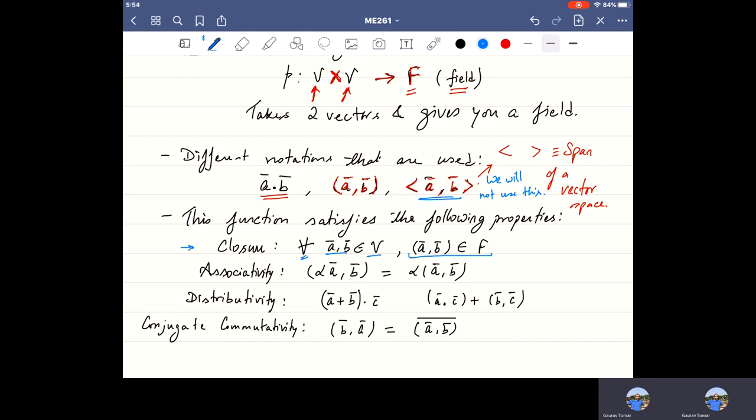Associativity: if you scale a vector with the field element alpha and then take the dot product, it is the same as scaling the dot product with alpha once you have taken the inner product.